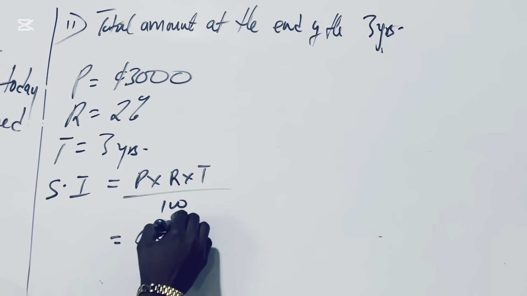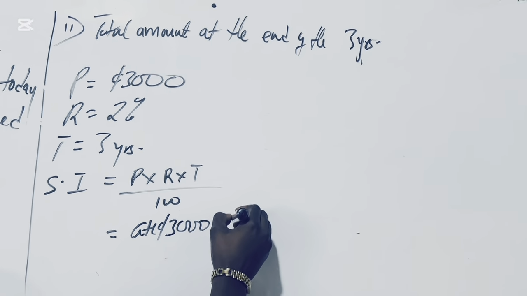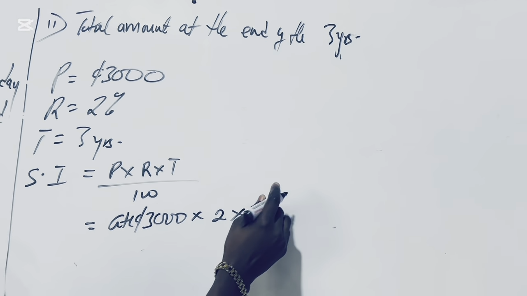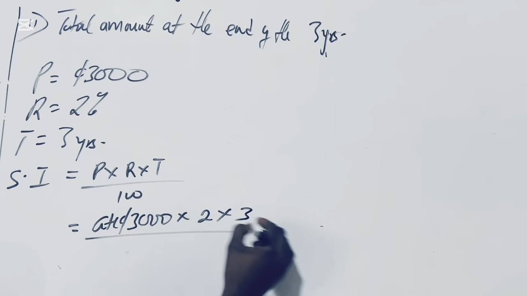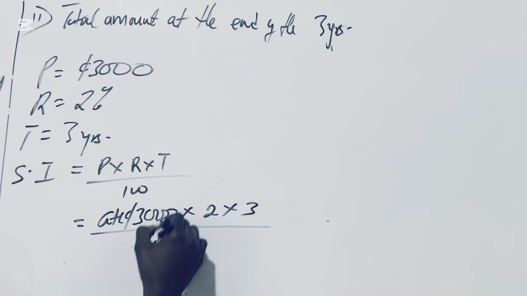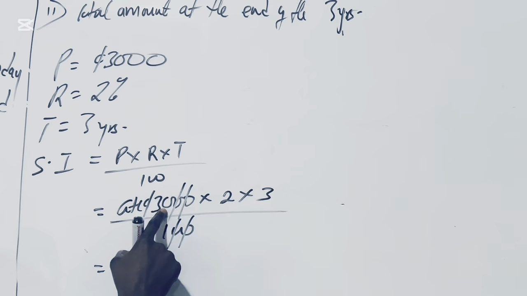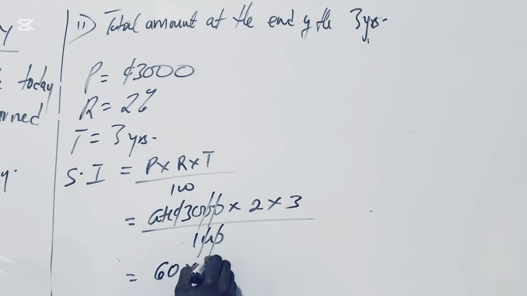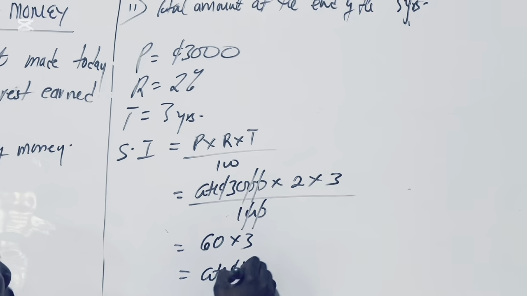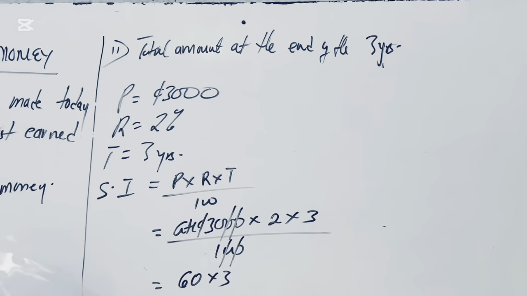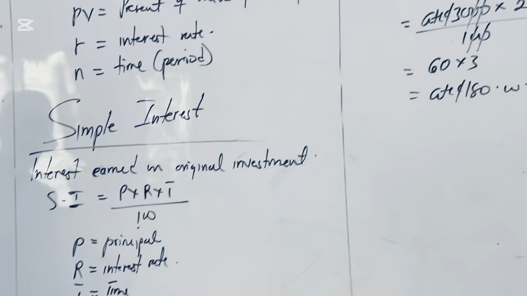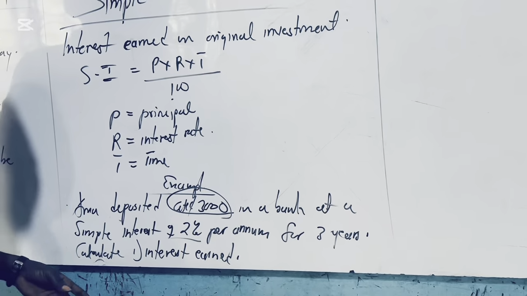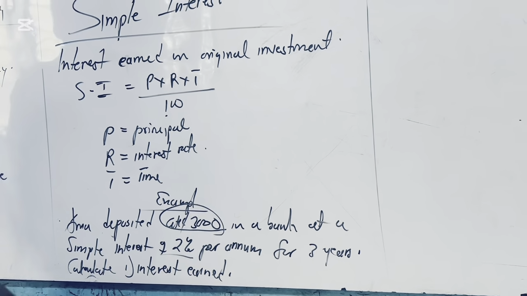So I take my 3,000 times 2 times time, which is 3, divided by 100. So this cancels this. We have 30 times 2 will give us 60 times 3. And that is 180.